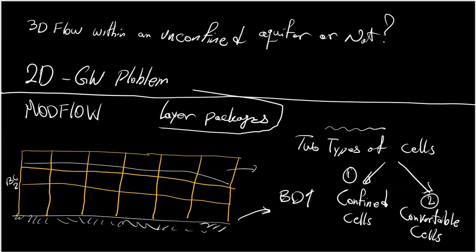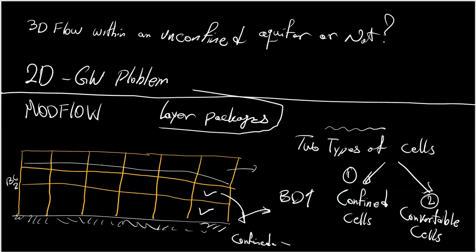What it means is that the software automatically checks if the groundwater table is above the top of the cell, and then it will consider the cell or layer as a confined aquifer. The confined governing equation is valid and is used in these two cells, two layers, for example.